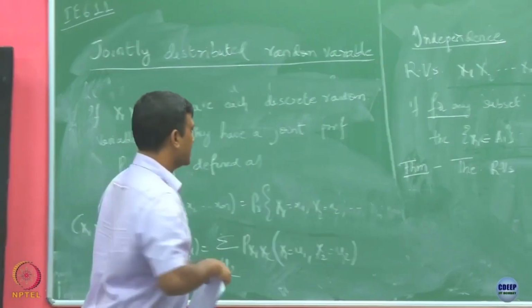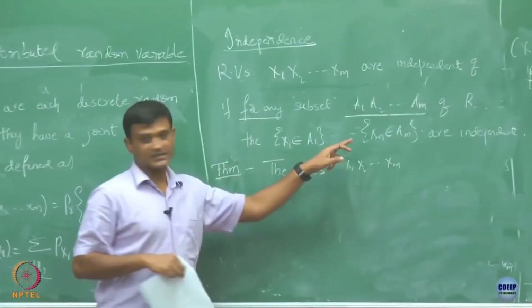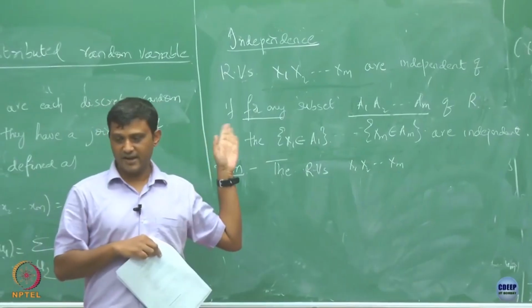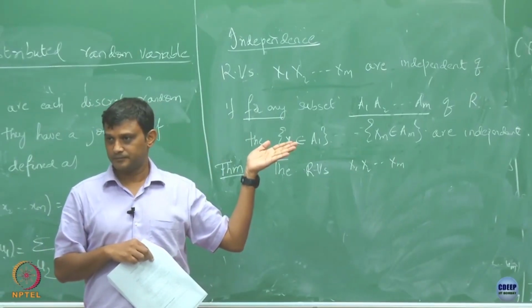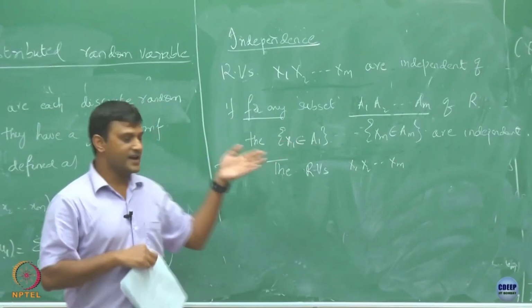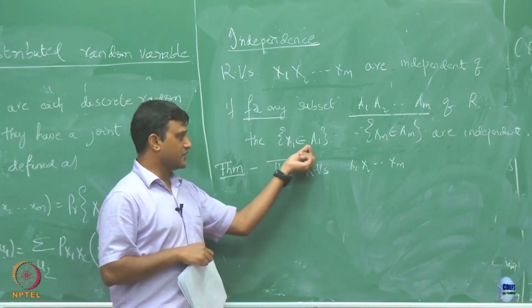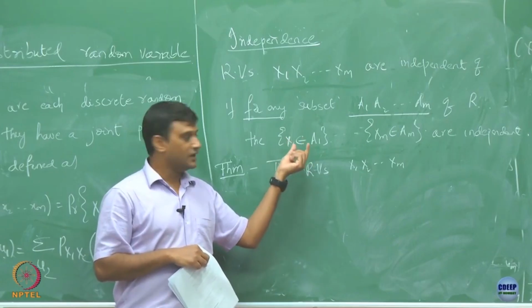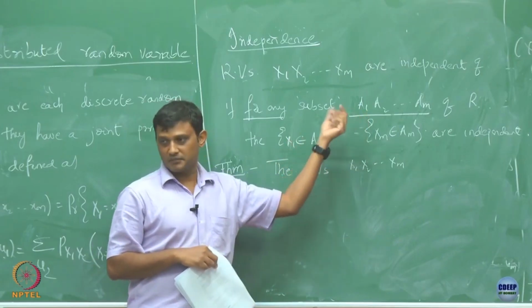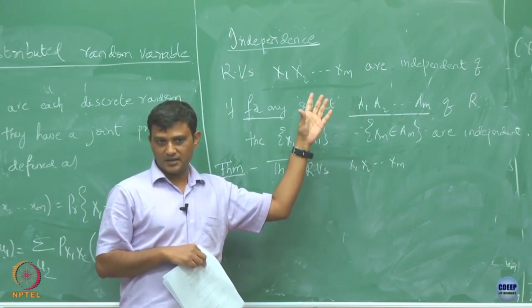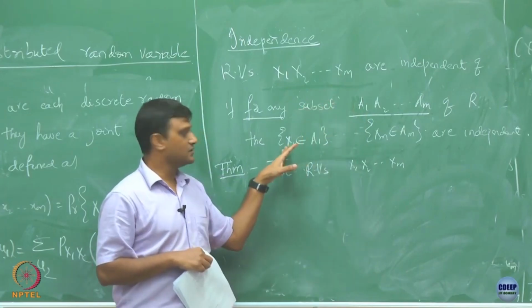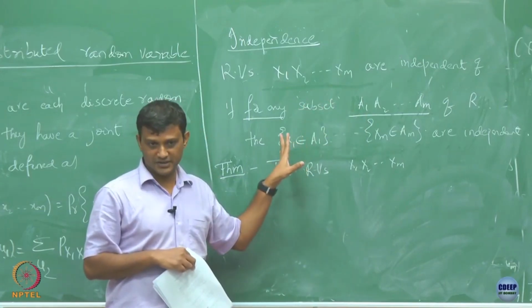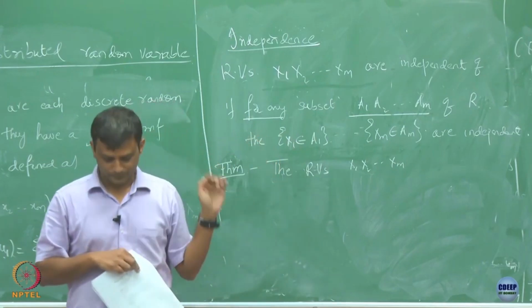But from the very definition of X1 through Xm, I know that if X1 is a random variable, it has to be measurable, right? So the question that X1 belongs to A1 is a valid question. If the sets are not measurable, maybe I will not be able to assign probabilities to this, there will be some issue.